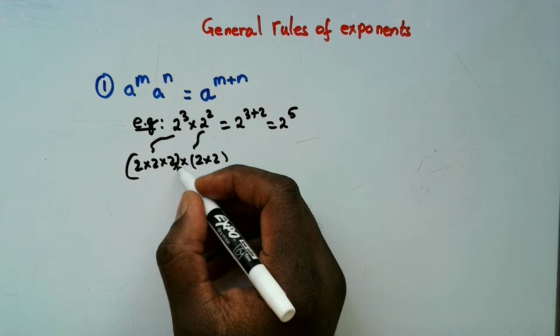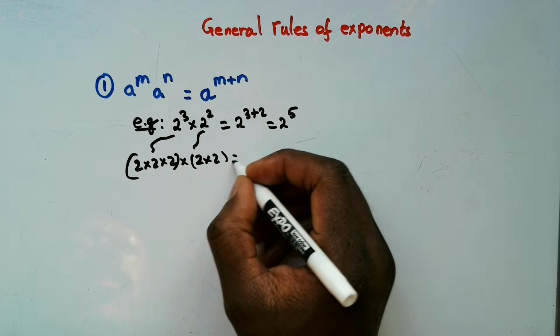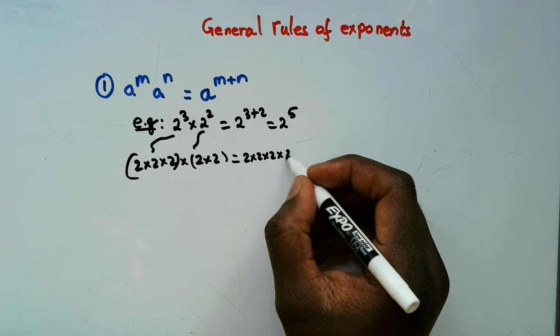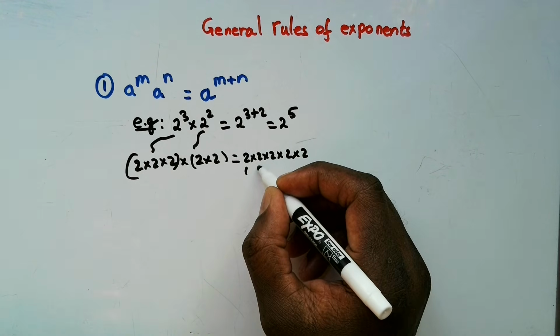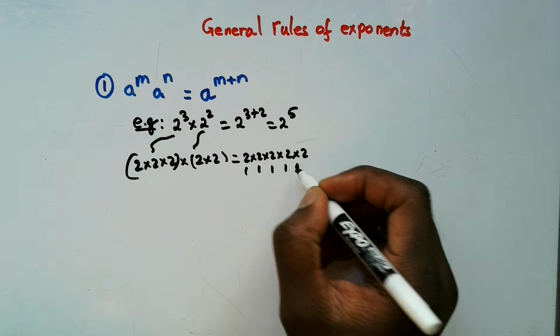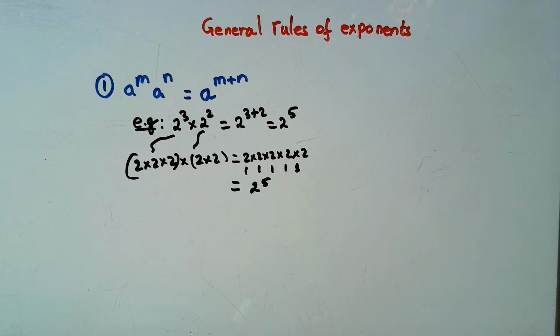Because we have parentheses, the parentheses can go away, so it just becomes 2 times 2 times 2 times 2 times 2. We can see that it's 1, 2, 3, 4, 5 times. So it is indeed equal to 2 to the 5th power. So this can be tested in that way, at the very least.